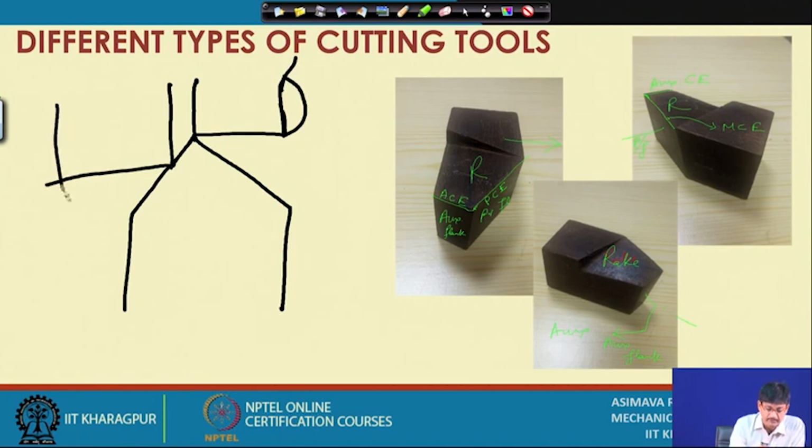The workpiece is rotating, and this is the point at which, it is not really a point, but anyway, it is a single point at which the cutter is connected to the workpiece. So, this is our cutting tool. This is our workpiece.